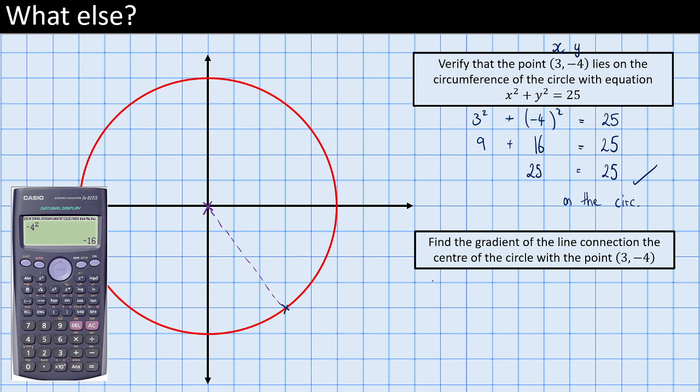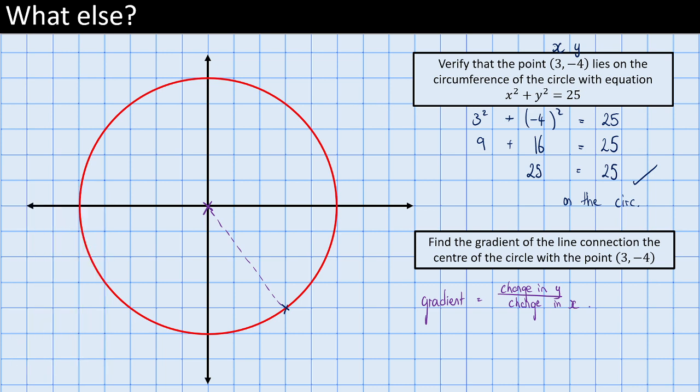Now, if you remember your gradient is change in y divided by change in x. Or you might have heard this, if you're from a different group, rise over run. I'm going to get rid of my calculator now. We've had enough of calculator for a little bit.